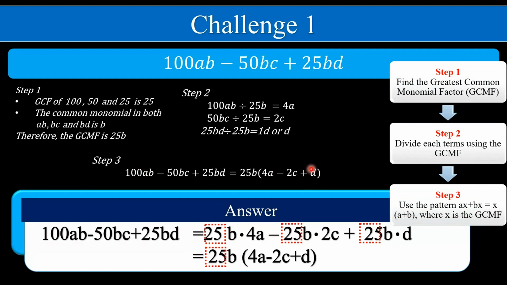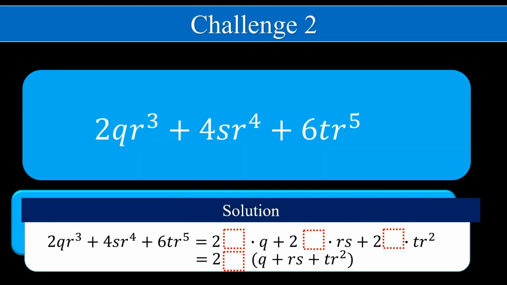So that's for challenge 1. If you find it hard to analyze, just pause the video and study the given steps and how the answer is derived. Okay, let's have challenge number 2. The idea here is different from challenge number 1. In challenge number 1, we took the number and the variable that can be found.